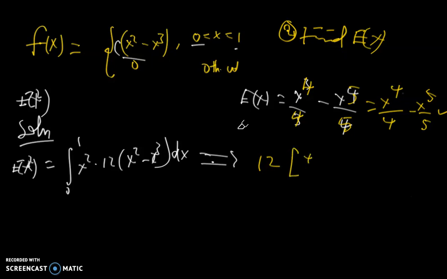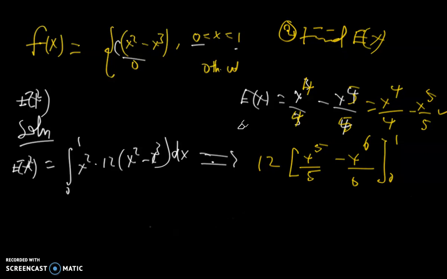If we integrate this, we simply get x power 5 divided by 5, minus x power 6 divided by 6, from 0 to 1.